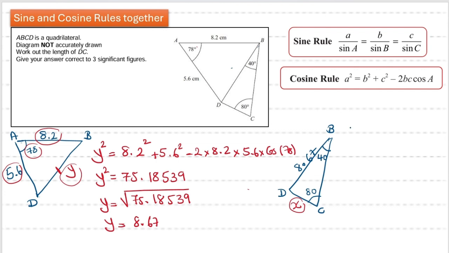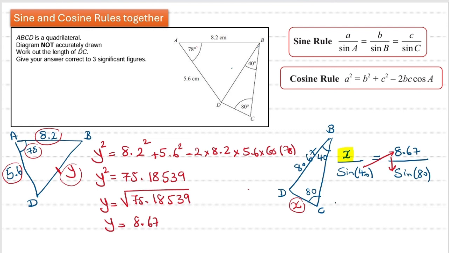So we write the sine rule by writing x over the sine of its opposite angle, 40 degrees, equals the side 8.67 over the sine of its opposite angle, which is 80 degrees. Since we are working out x, we cover it, and then we use the cross multiplication in the usual way.